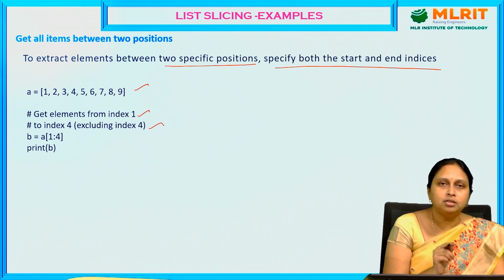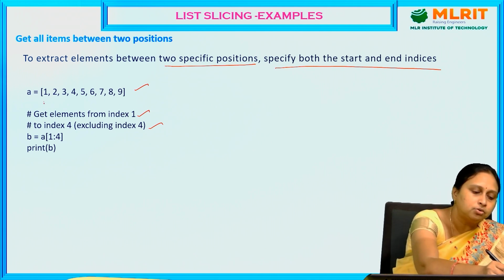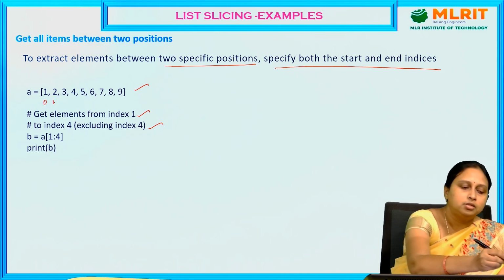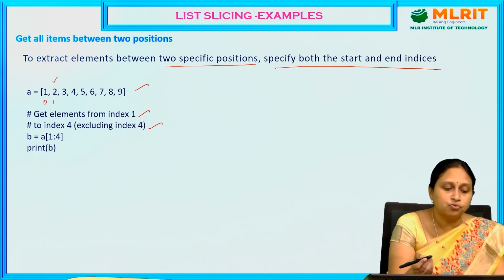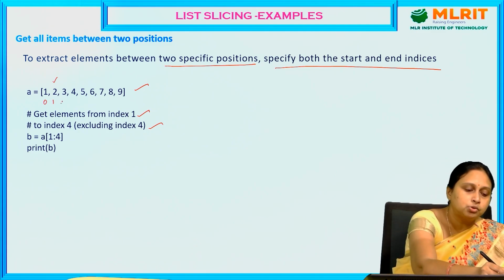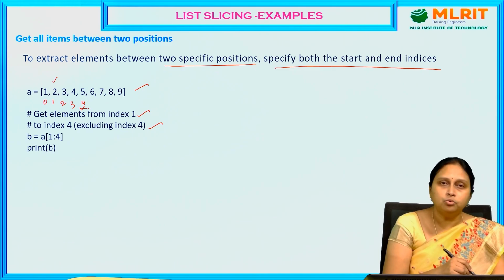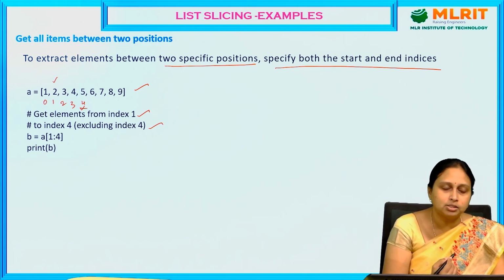If I'm giving the starting index as 1, it will be inclusive. That means 0, 1. This will be included. From 1 onwards, it is going to take. And excluding index 4. That means it is excluding, that is 2, 3, 4. This will be excluded. That means up to 3 only it will be considered. Now, what is the output that it is going to print?